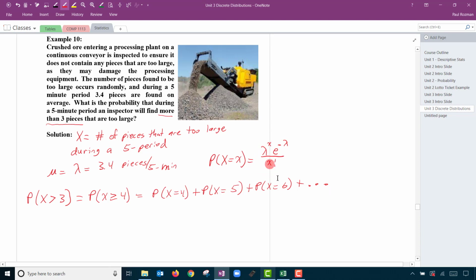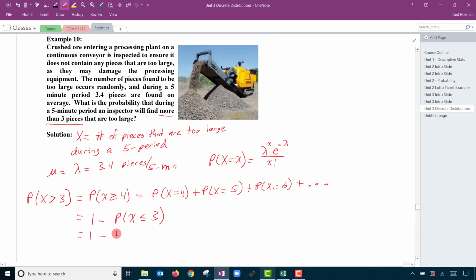You'd probably be okay with that, as it really has that sort of Taylor series look to it. You probably would be able to manage this infinite sum. But why do so much work when we can just do the complement? We can say it's 1 minus the probability that x is less than or equal to 3.